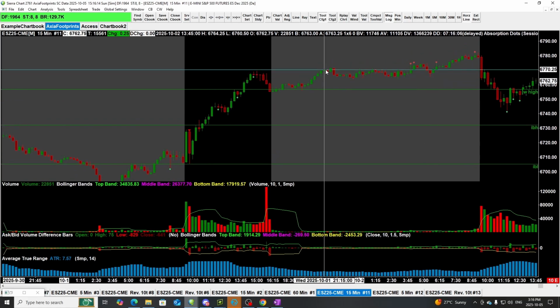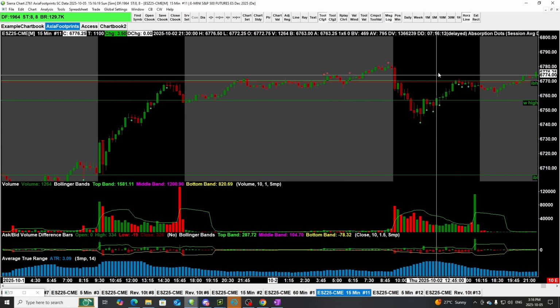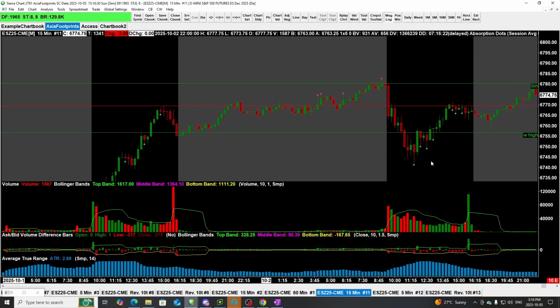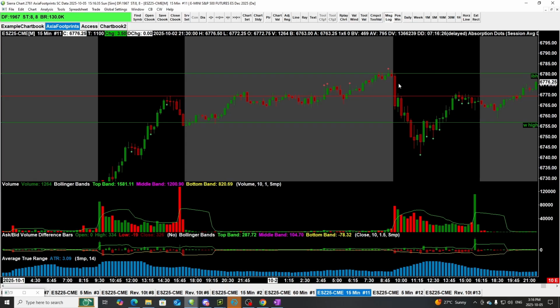Here, week high will remain there, the week high and initial balance low are almost the same. Okay, so we open imbalanced, we close the gap in the first 15 minutes.